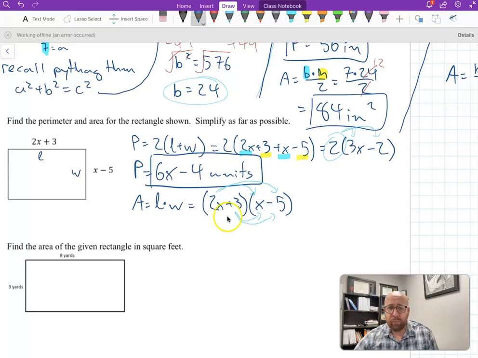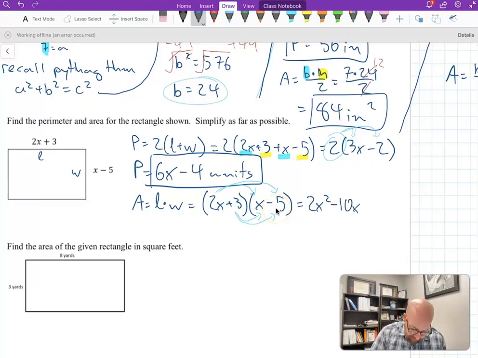And here we go. 2x times 1x is a 2x squared. 2x times negative 5 is a negative 10x. 3 times x is a positive 3x. And 3 times negative 5 is a negative 15.